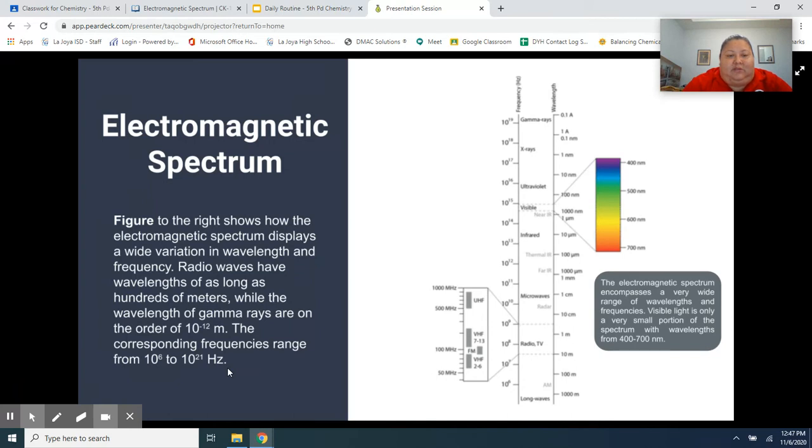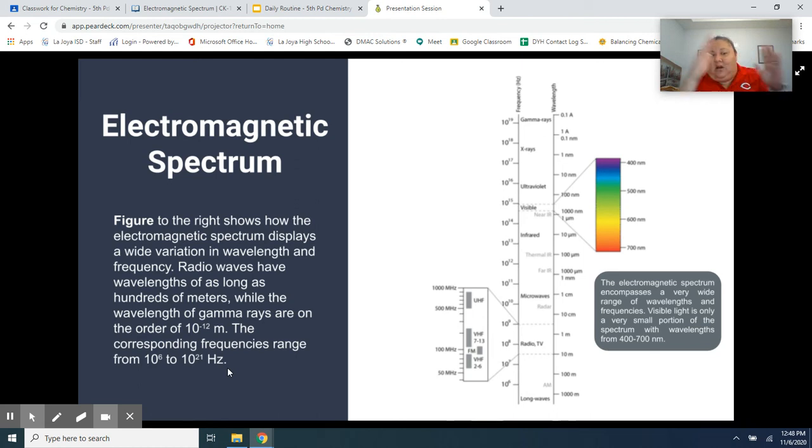Frequency is how many waves pass in a series of time, and that time is usually 1 second.